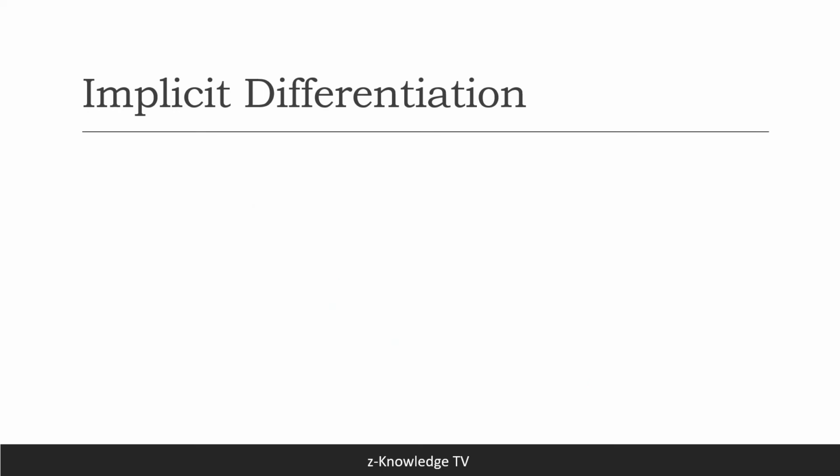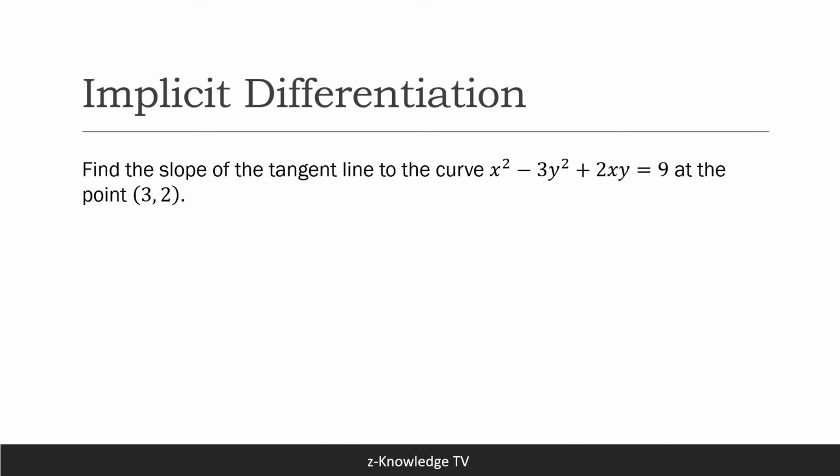Okay, so next. So, find the slope of the tangent line to the curve x squared minus 3y squared plus 2xy is equal to 9 at point (3, 2). Okay? So, same lang to nung previous nating equation. So, ang slope is yung ating y prime or yung ating dy over dx. So, therefore, kukuha natin sila ng y prime.